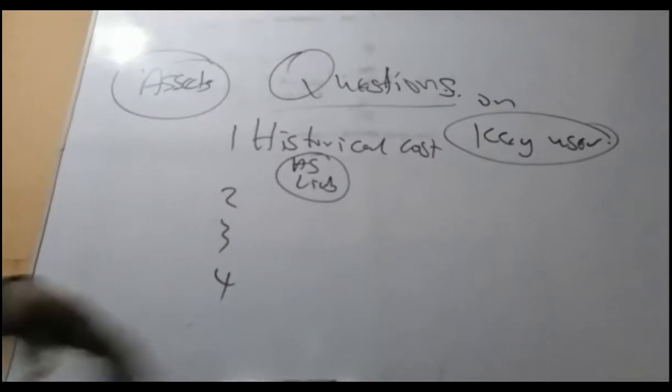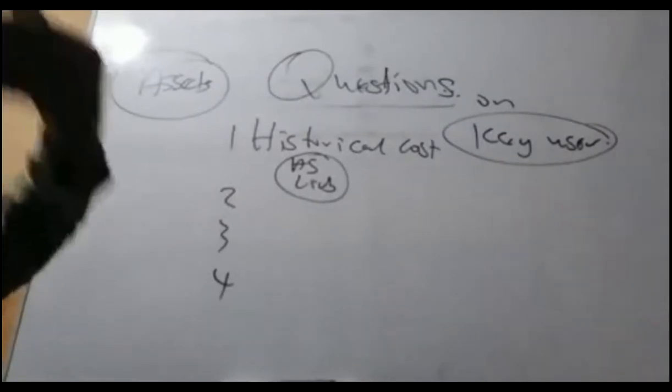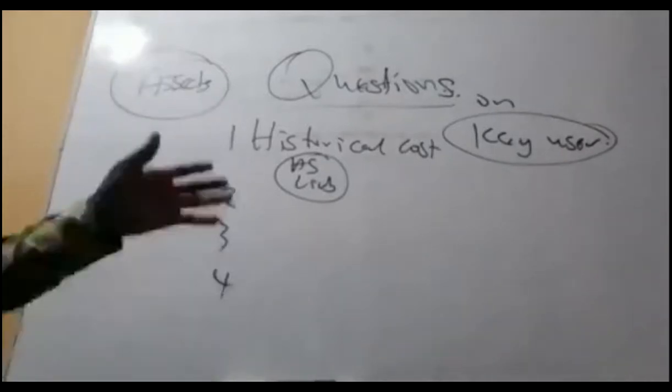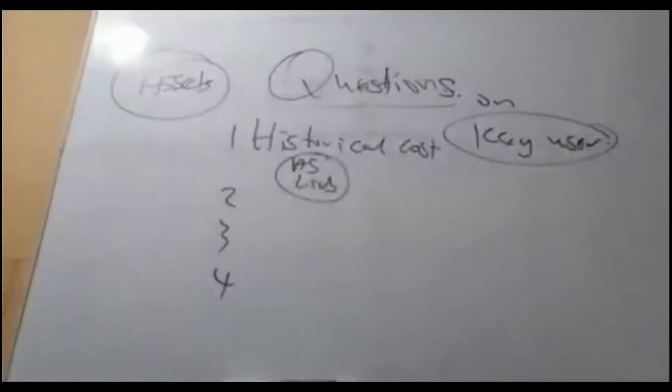It does not provide the accurate current value of the entity, and if you can't determine the current value, then you can't determine the current wealth of the shareholders. That's the challenge that we have with it. The advantage is that the preparation of the financial statement will be easier because the historical cost concept is so easy to use.